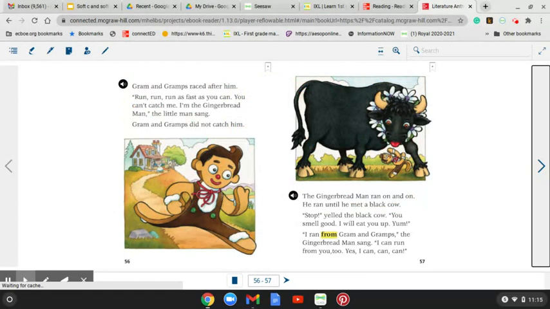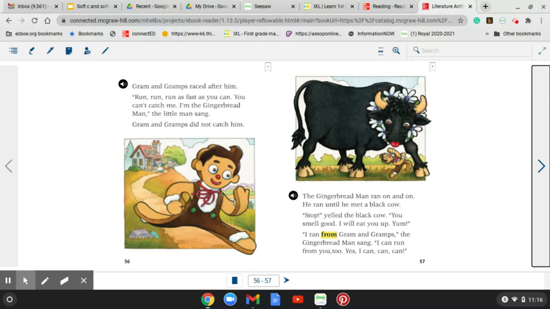All right, are you ready? Put your fingers under the words with me. Graham and Gramps raced after him. Run, run as fast as you can. You can't catch me. I'm the gingerbread man, the little man sang. Graham and Gramps did not catch him. The gingerbread man ran on and on.